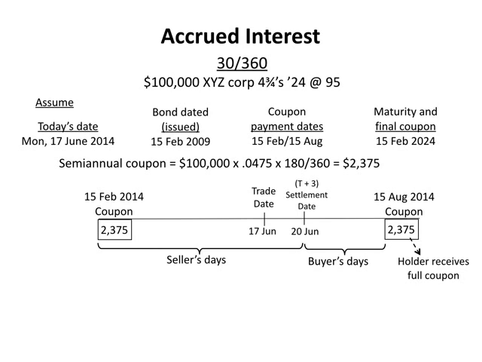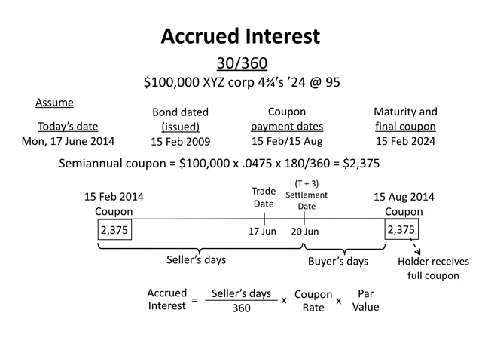But as the buyer will be receiving the entirety of the coupon if they hold the bond that long, at the time the trade settles, the buyer has to pay the seller not only the price they've agreed, in this example the 95% of par, but also compensate the seller for that portion of the next due coupon that was earned up to the settlement date of the trade.